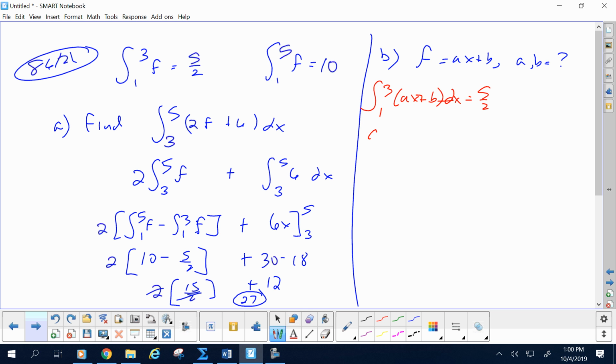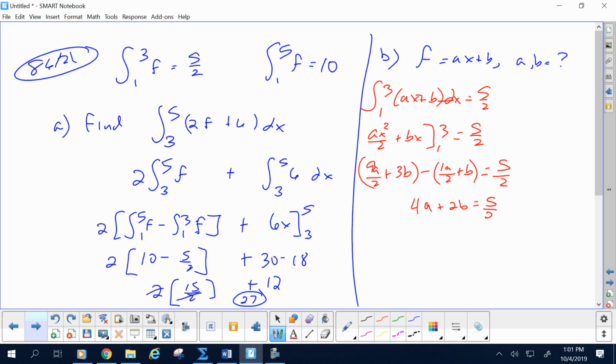The antiderivative is ax squared over 2 plus bx from 1 to 3. If I evaluate that, I get something like 9a over 2 plus 3b minus a over 2 plus b. 9a over 2 minus a over 2 is 8a over 2, which is 4a. 3b minus b is 2b, and that equals 5 halves.